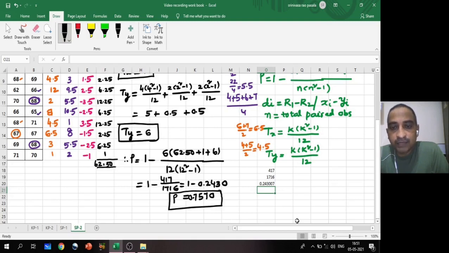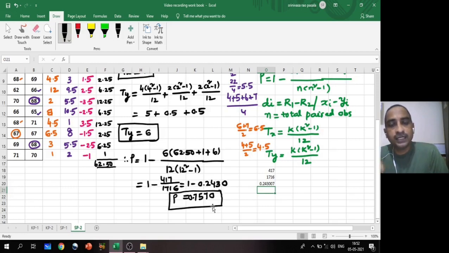If the Spearman's rank correlation coefficient is nearer to 0, it means the two attributes or the two qualitative variables are not correlated, right? From this you see it is more than 0.5 and less than 0.9. That's why we can say the two variables are moderately correlated.